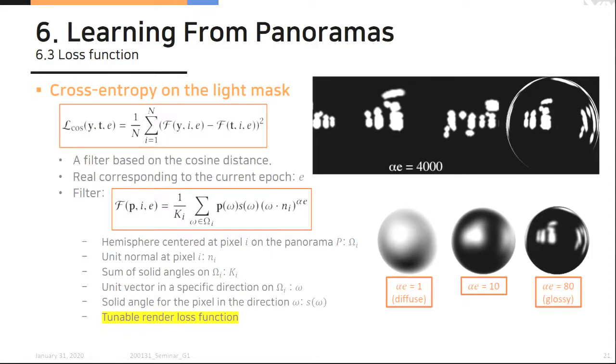The environment map also affects the material, the reflection of the material. If you want to render a diffuse material synthetic object, you set alpha_E to 1. If you want a mirror-like, glossy material object, you can set alpha_E to 80.